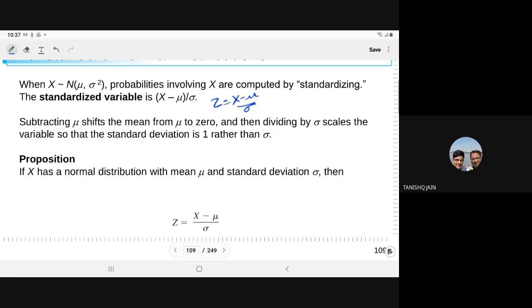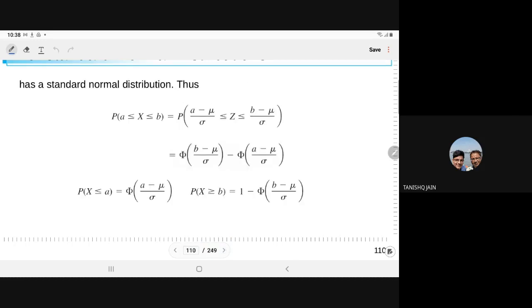Here we are shifting the mean from mu to 0 by subtracting mu from all x, and by dividing by sigma, we are changing the standard deviation to 1 rather than sigma. So by this substitution we can convert any non-standard, or general, normal distribution into the standard normal distribution. Now it will be helpful.